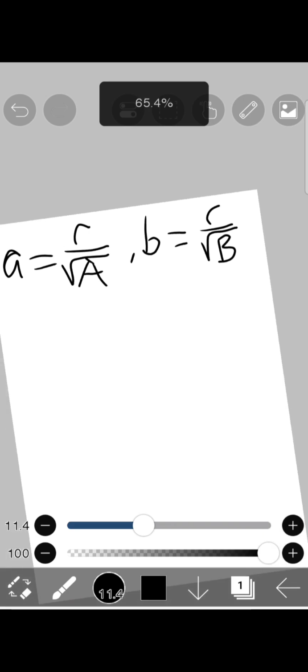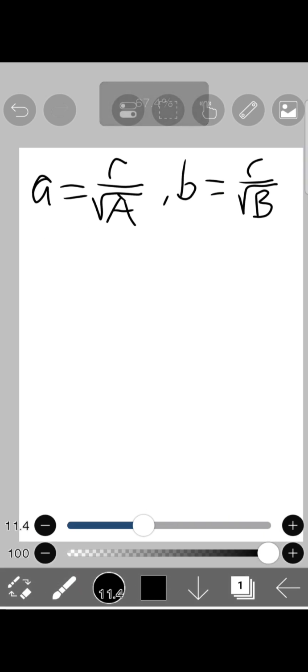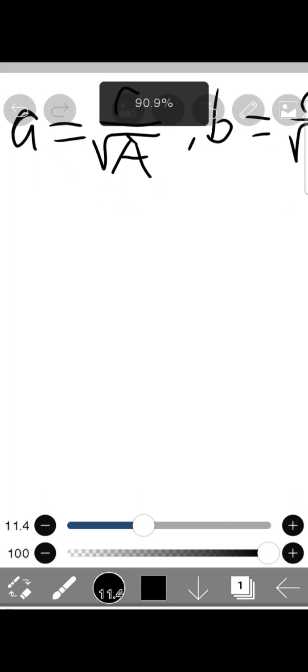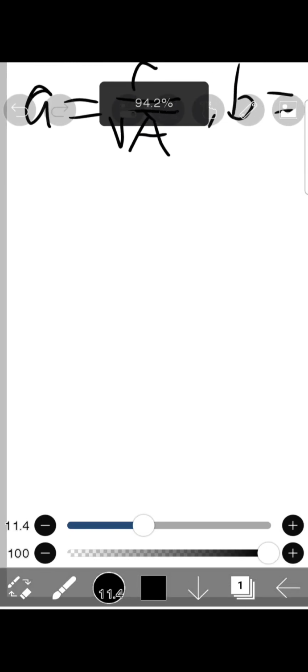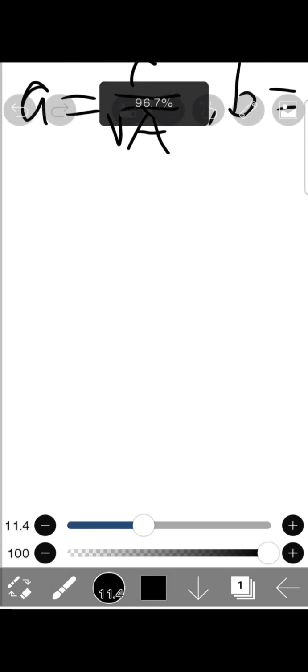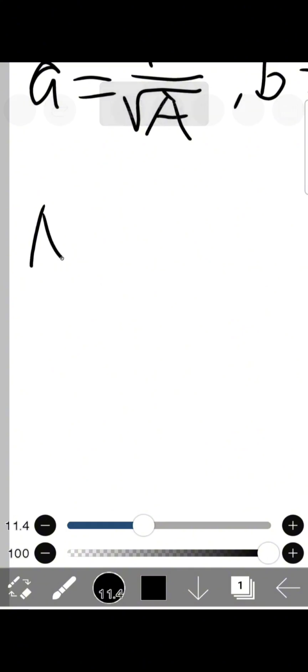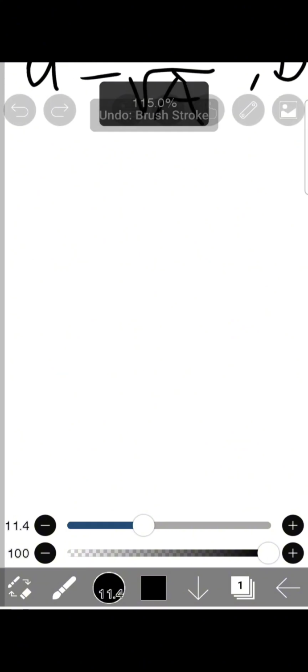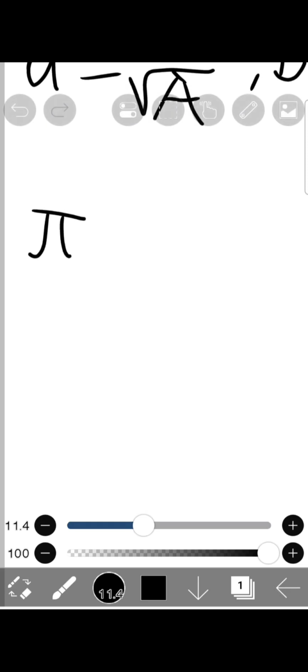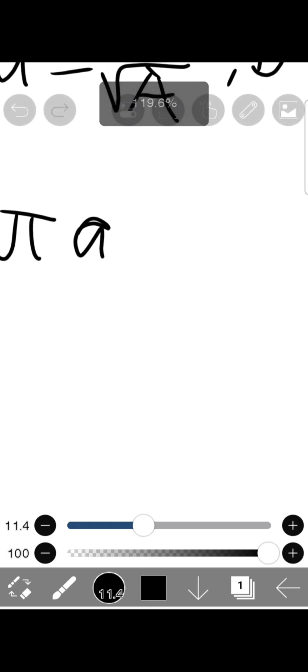Alright, so what do we do from here now? Once we have represented a and b as this, let's go to the formula for the area of the ellipse. We know that the formula for the area of the ellipse is simply pi a times b.